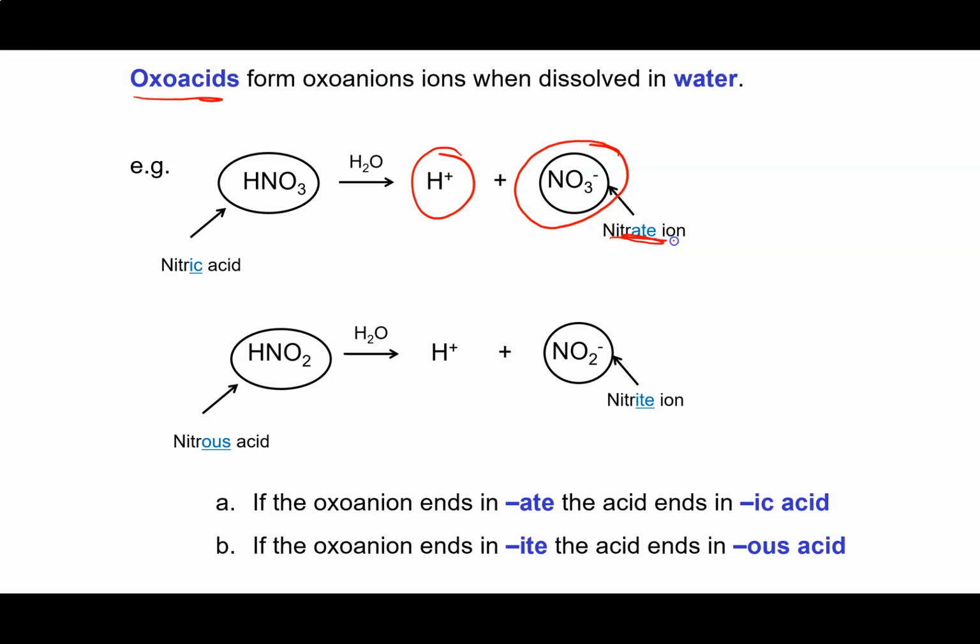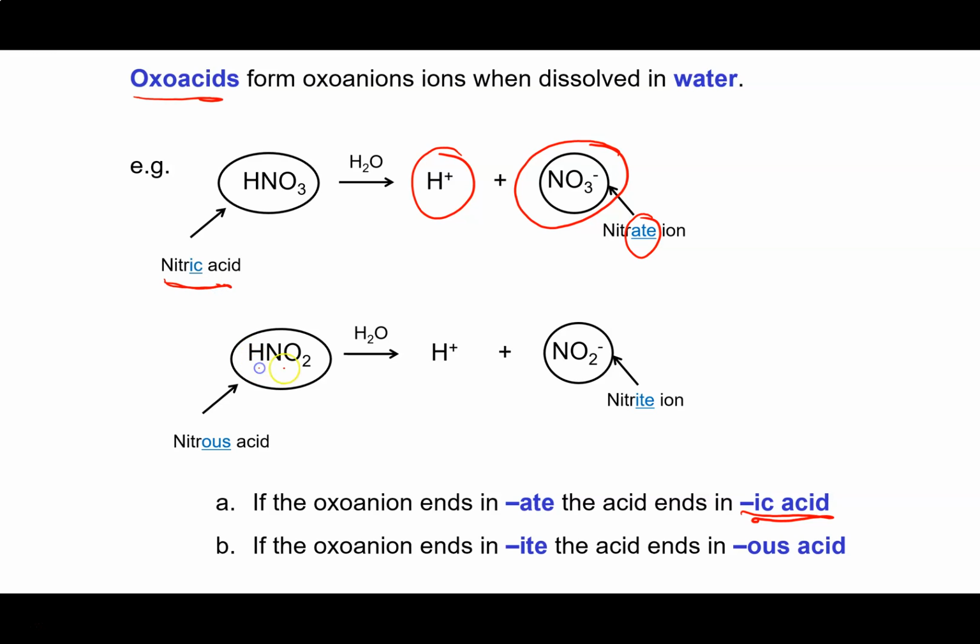This is the nitrate anion, and it ends in the syllable ate. If the anion ends in ate, then the acid is named as an ic acid. That's good because there's nothing at the front. So this just becomes nitric acid. Very easy going.